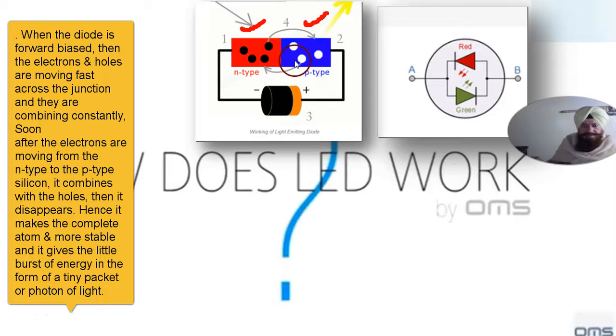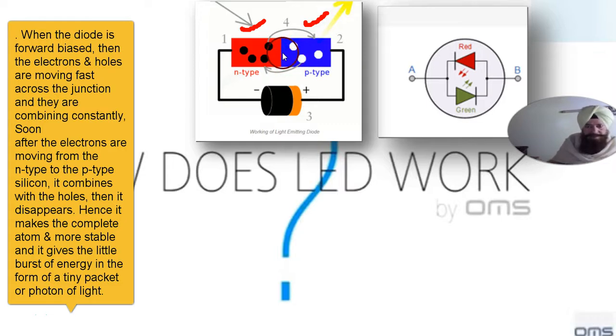Soon after the electrons move from N-type to the P-type silicon, they combine with the holes present there. Similarly, holes diffuse into the N-type and neutralize the electrons. When an electron and hole meet, the pair disappears.